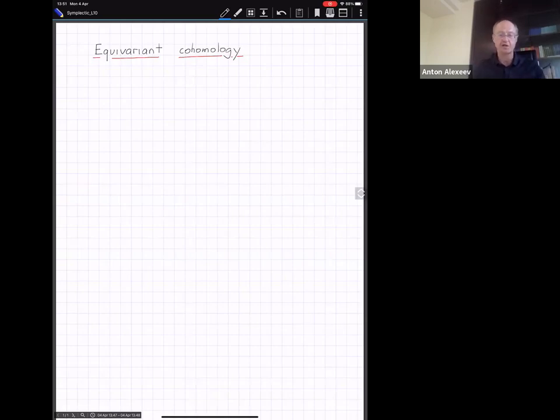But today I will start with a little bit of topological background on equivariant cohomology. Don't take it too seriously in the sense that it would require maybe a full-fledged course. So I just give you a little bit of impression on what it is and how it works. These are real definitions of equivariant cohomology, but those are not what we're going to use in the course.